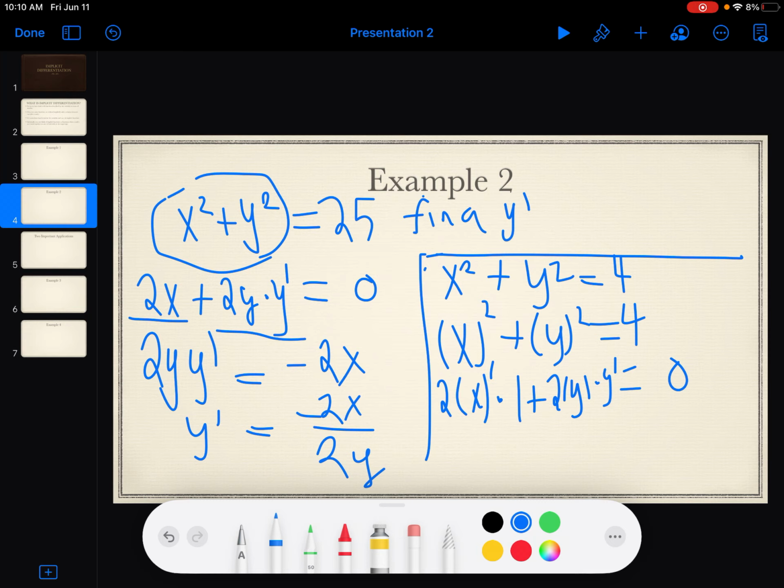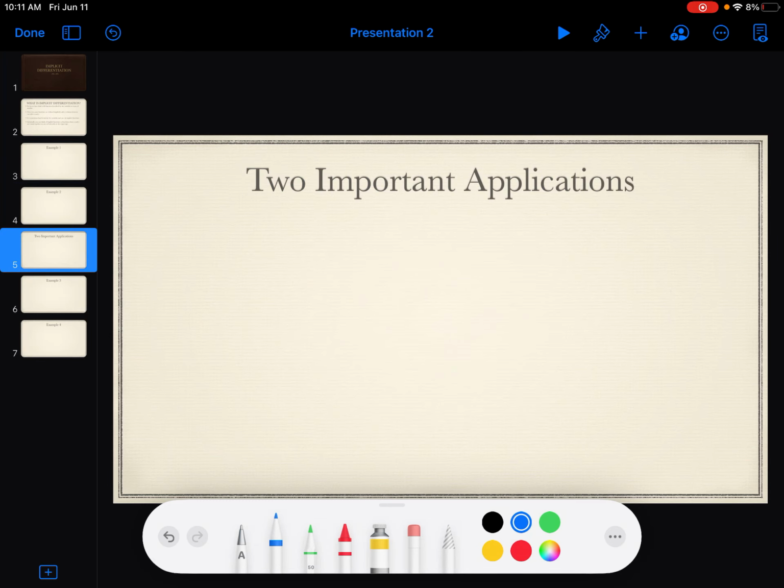So that's basically what implicit differentiation is. It's just treating y as a variable and taking the derivative of it, of an implicit function, where you find x and y on at least one side of the equation together. So let's go on into those two important applications I talked about earlier.